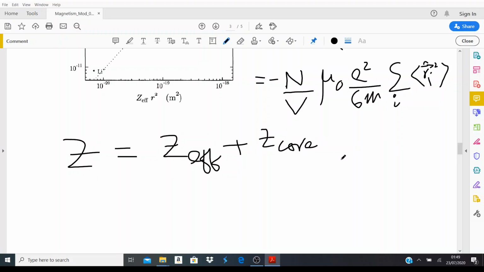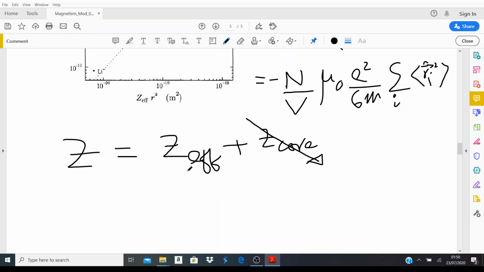It turns out that the core electrons usually do not contribute to diamagnetism, right? Some of the electrons really are in the outermost shell. So these are the core electrons, and these are the electrons in the outermost shell. The quantity of interest is the outermost shell electrons' contribution. That's why the core electrons part is usually ignored.